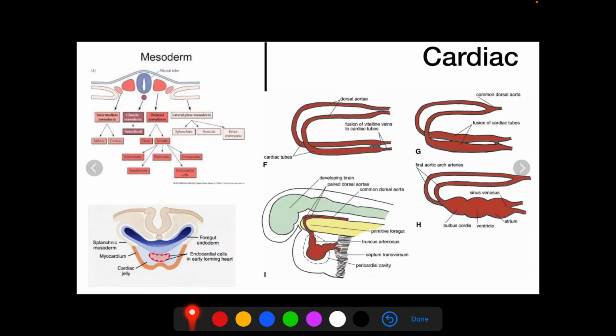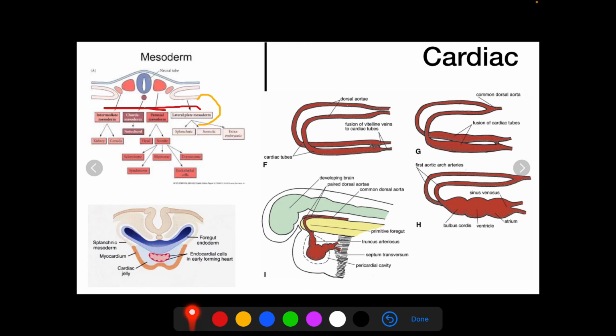Regarding the cardiac, as we see, this part, the splanchnic mesoderm, comes like that around the endoderm. Endoderm is in this area, so this part will come around the endoderm, and this tube will be merged and form the heart like that.